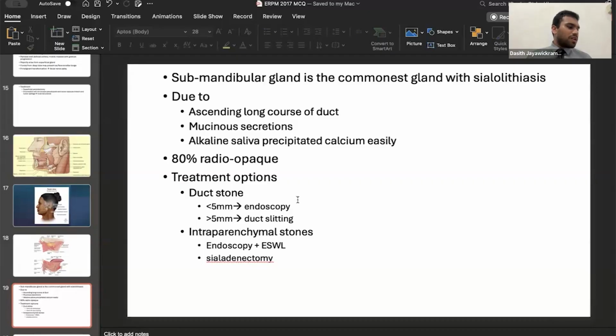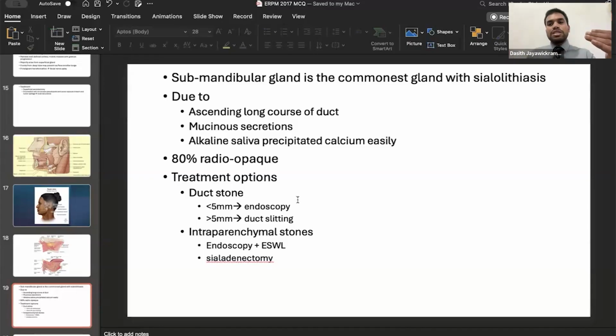Now, stones in the gland can be extracted through the oral cavity. Imagine this question was made by a very senior surgeon, from the time when the principle was different. But now the treatment has changed a little bit.